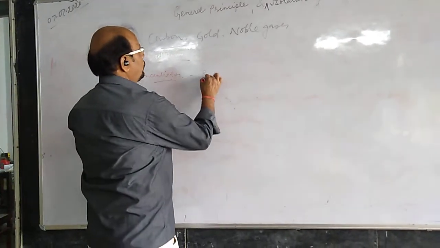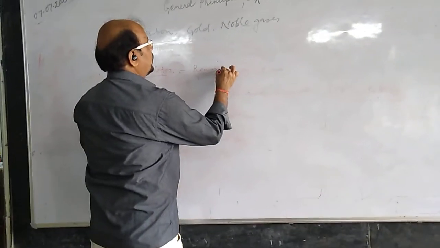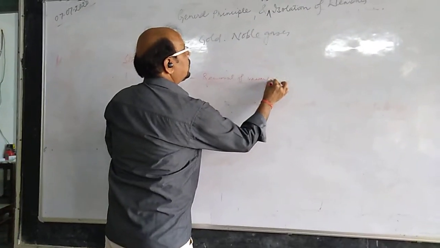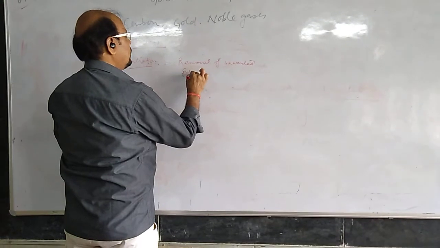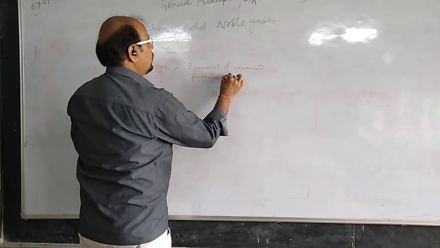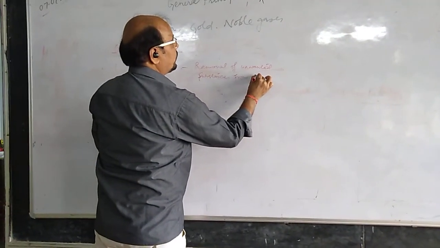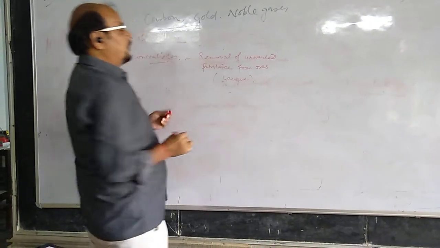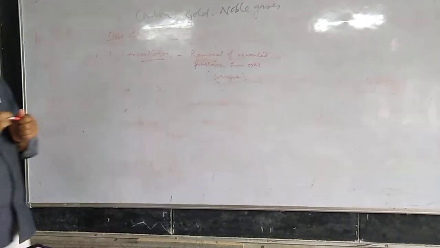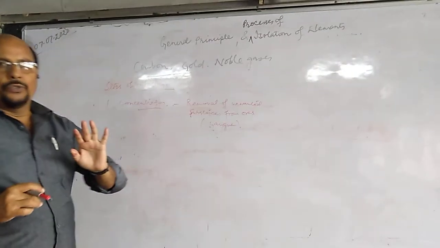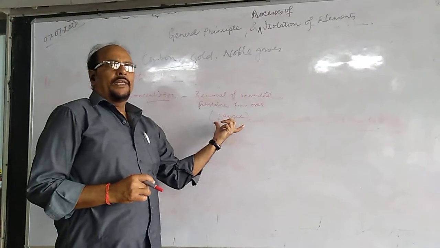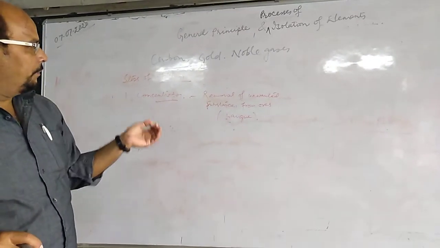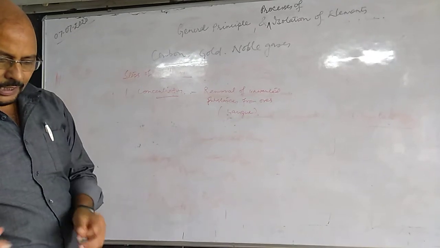Removal of unwanted substances from ores. They are called gangue. This is chiefly clay material, or we can say जो मिट्टी पार्टिकल या गंदगी होती है उसको निकाल देते हैं.